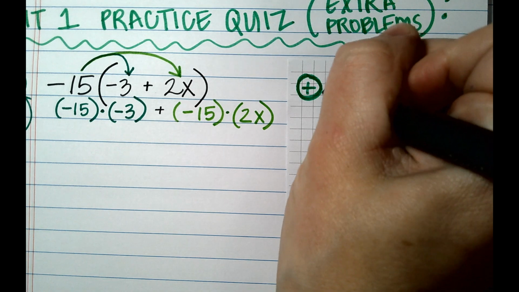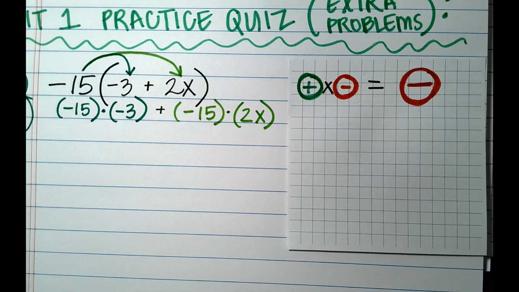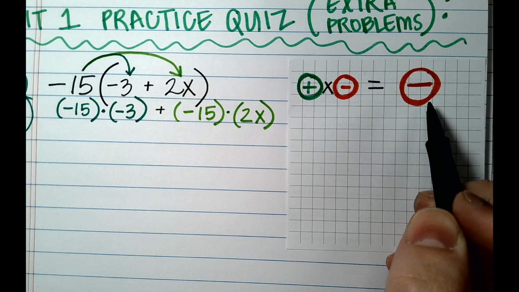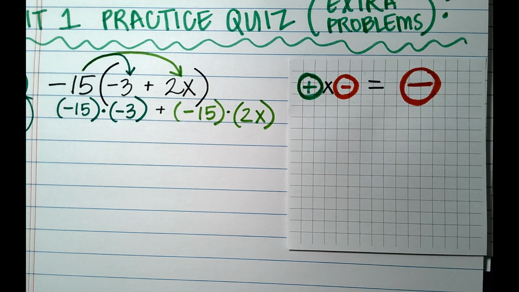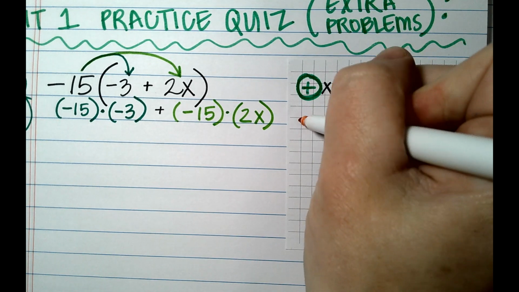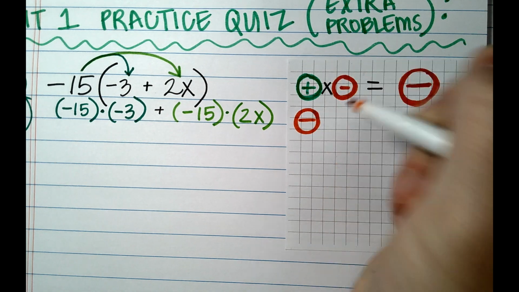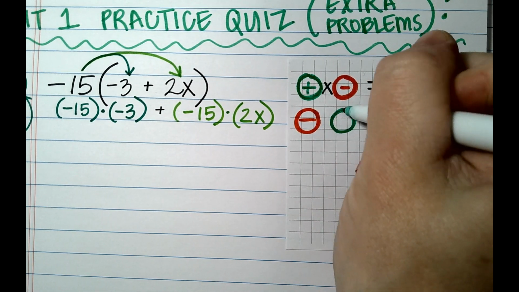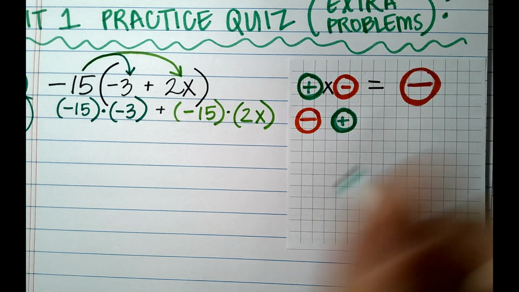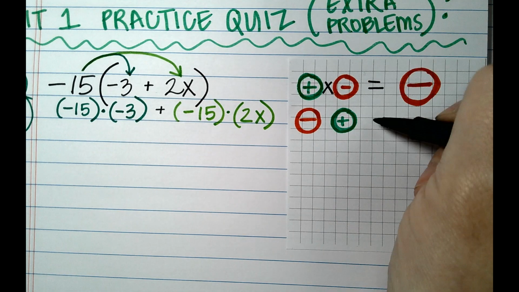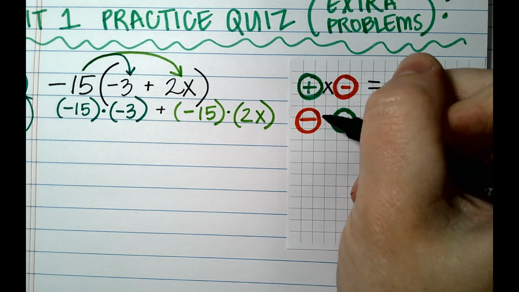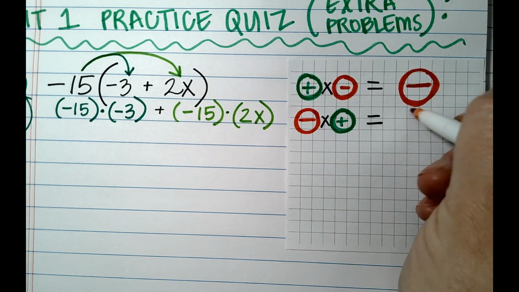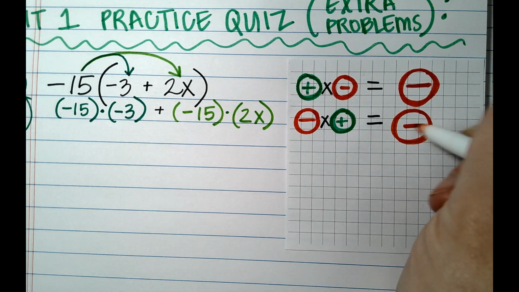This is our negative multiplication rules. So right here, I have a positive times a negative. I get a negative. What if I have a negative times a positive? You're also going to get a negative answer. Good. Negative answer again.